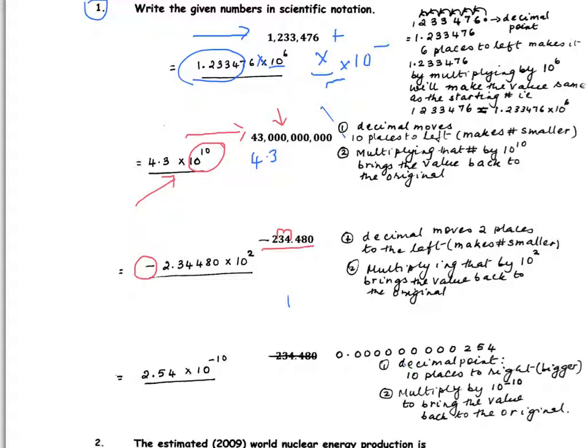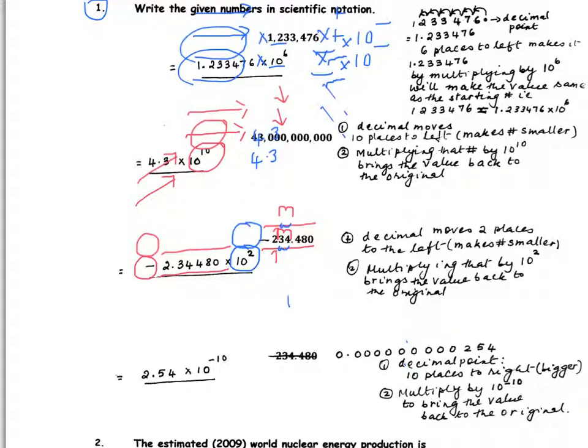So if we stop here, we get 2.34480. So that's how we get this number. But then we move the decimal point back by 2 places by multiplying the number by 10 squared. So if we move to the left by 2 places and then to the right by 2 places, basically the decimal point remains the same, which means that the number is unchanged.